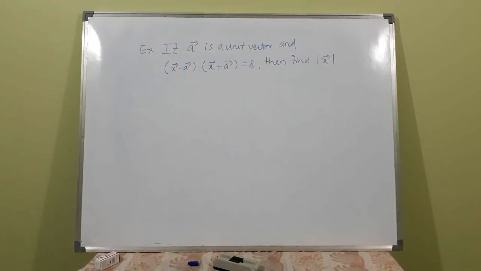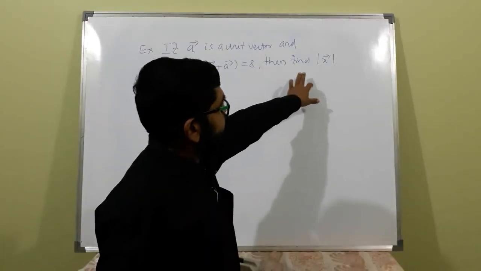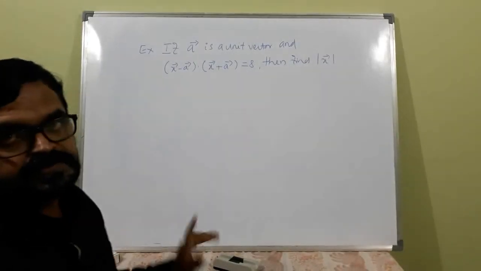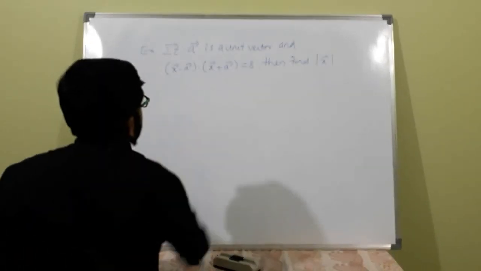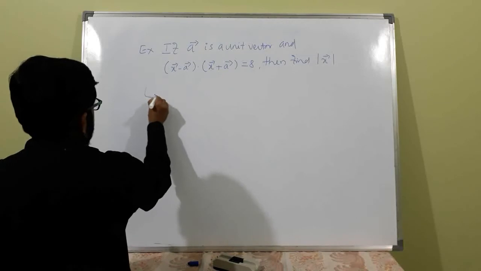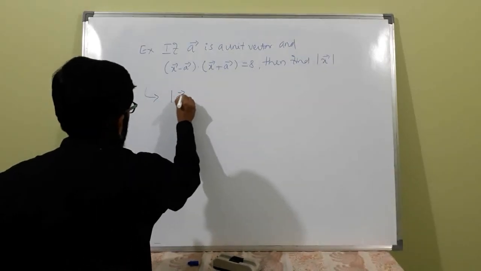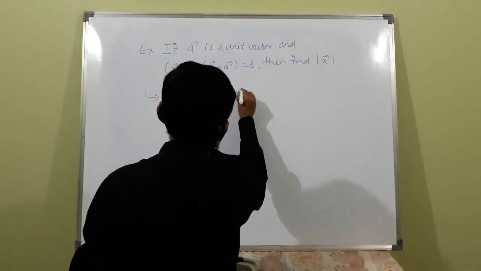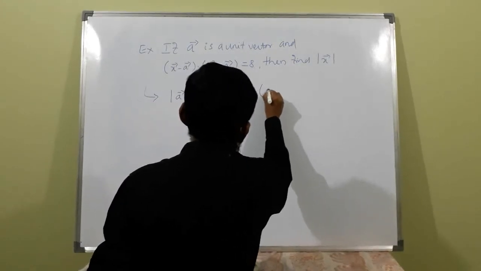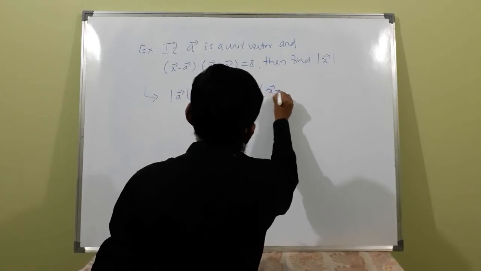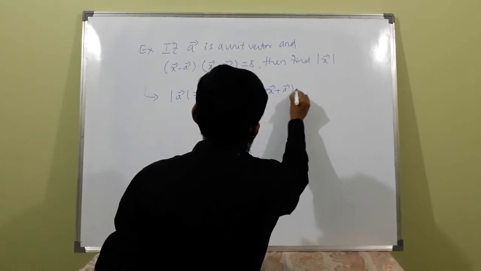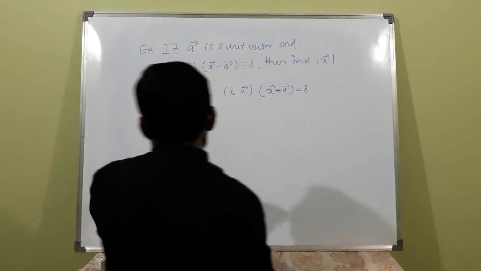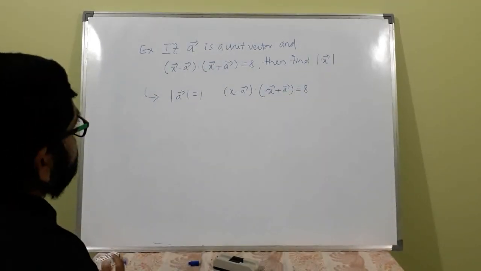If A is a unit vector and x minus A dot x plus A is equal to 8, then find modulus of x. A is a unit vector, so magnitude of A is 1, and (x minus A) dot (x plus A) is equal to 8.